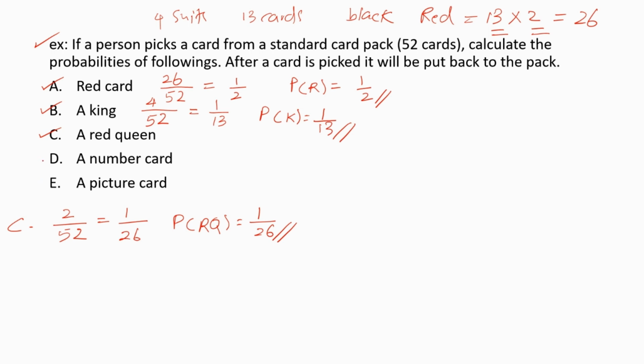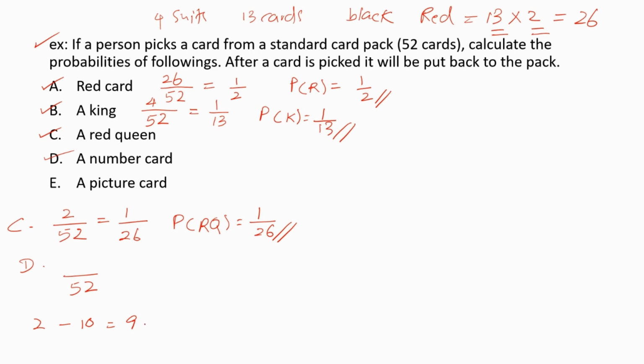Option D, a number card. So there are 52 cards and how many number cards are there? It starts from 2 to 10. We do not consider the card ace because there is no number on it. So there are 9 number cards for each suit.